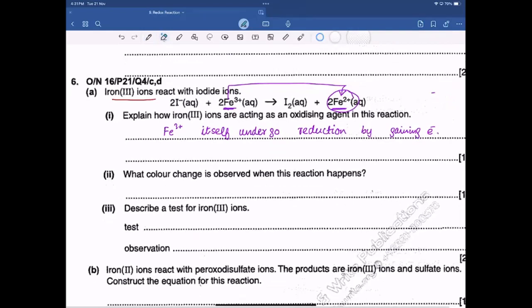So aqueous iron is which color? Pale green. And aqueous iodine is brown. So if both the things are formed, then which color will be seen? Brown. Why pale green to brown? Pale green is the final color. Colorless. Yeah, that's the problem. Colorless to pale green or just one. Okay.